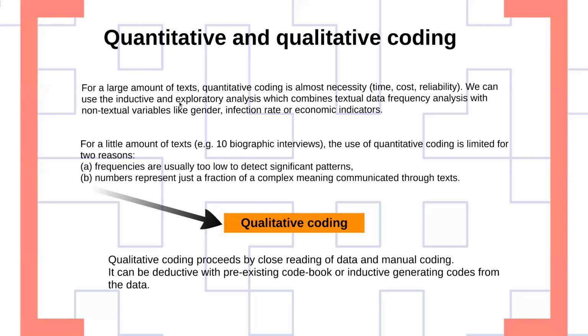We combine these two types of data, textual and non-textual, and we make inferences about the phenomenon we are studying, that means migration. This is for quantitative analysis.